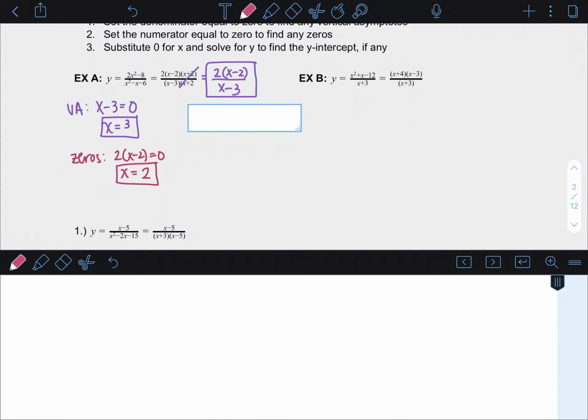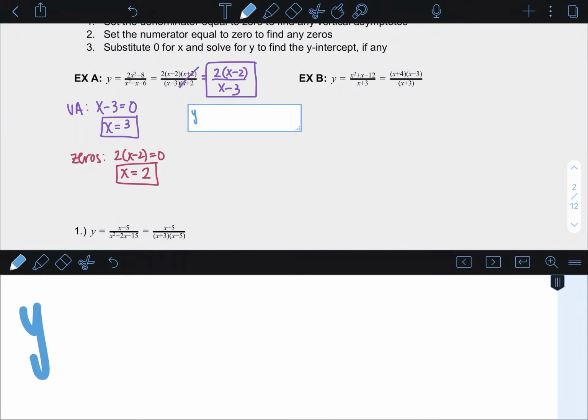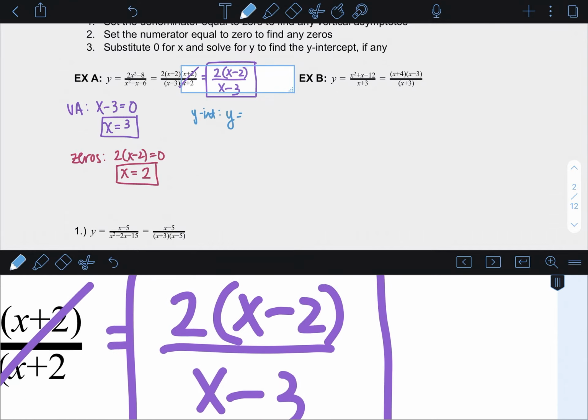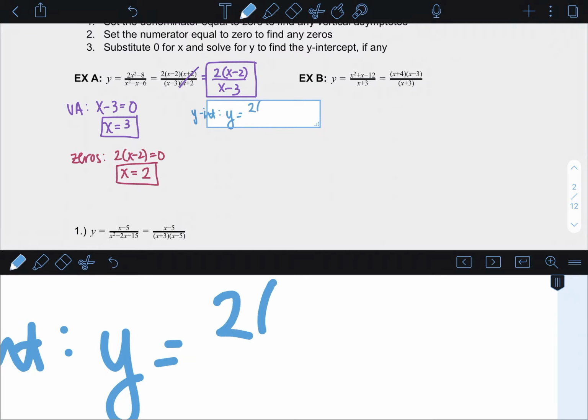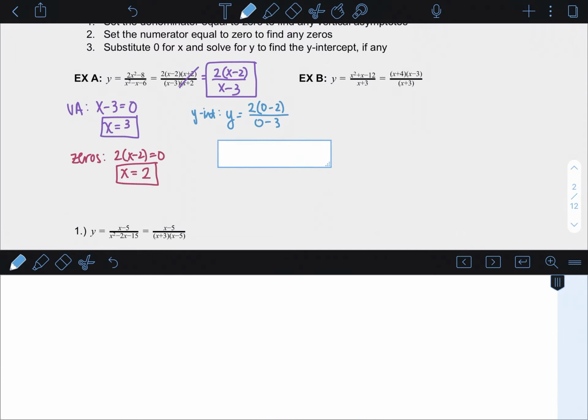And lastly, we have our y-intercept. So the y-intercept is when the graph intercepts the y-axis. And to find that, we will need to take this simplified equation here and plug 0 in for all of the x's.